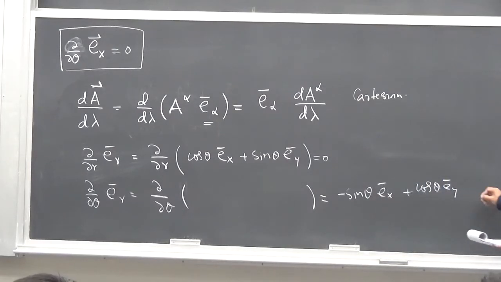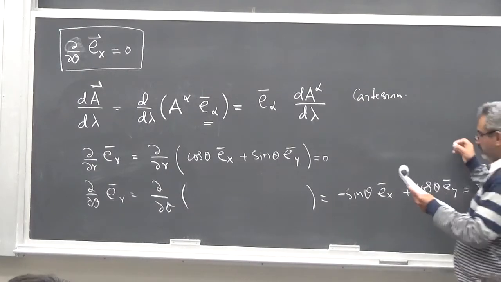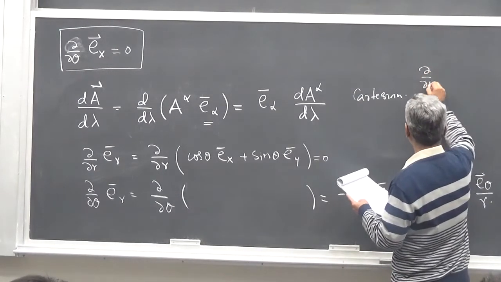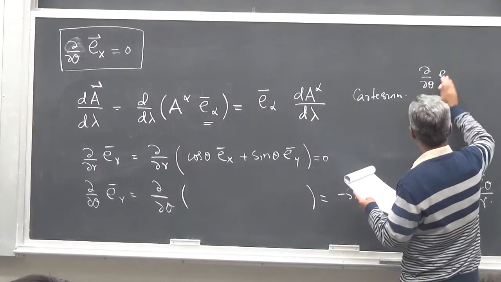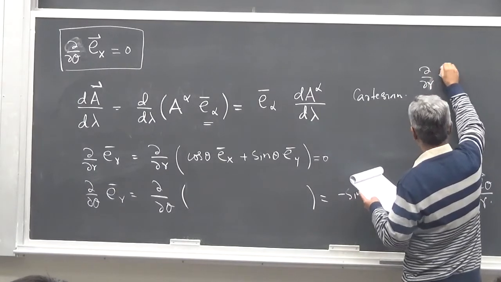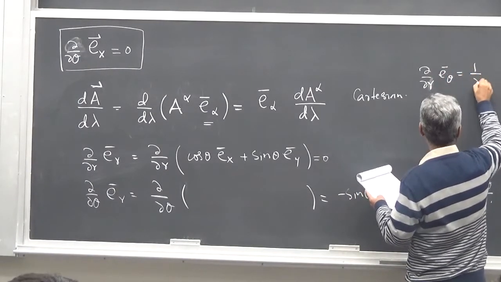Right? And so you can see that this thing is E theta over R. Okay. Homework: show that partial by partial r of E theta is equal to 1 over r.